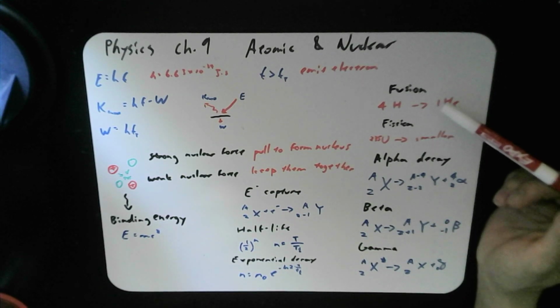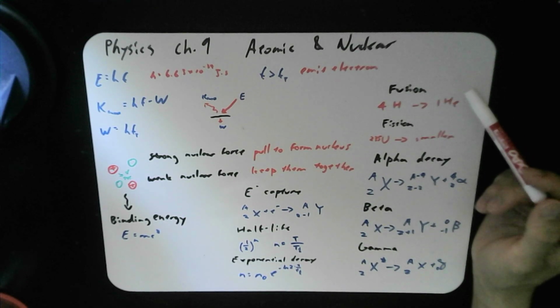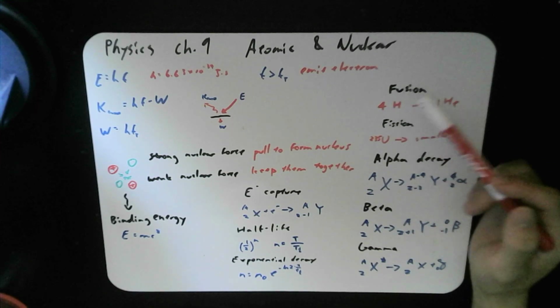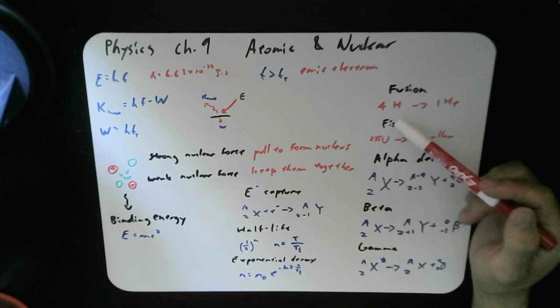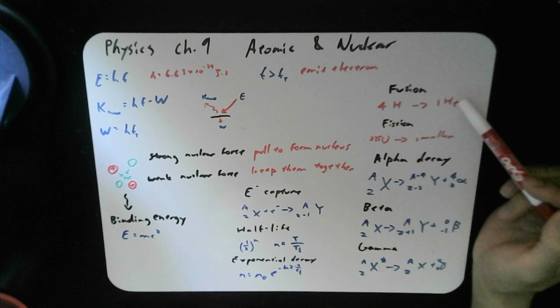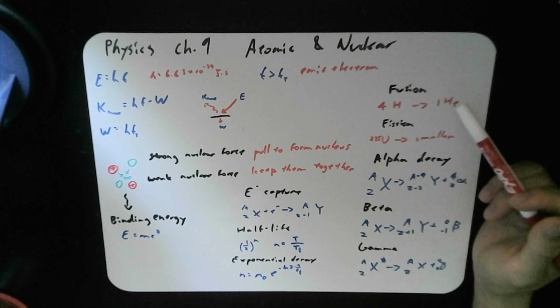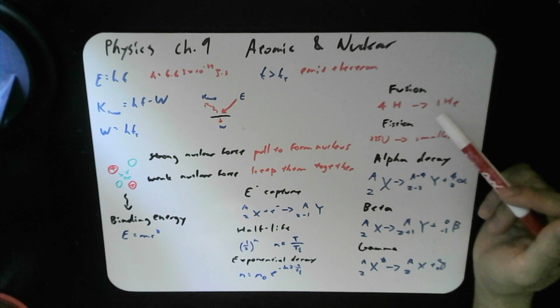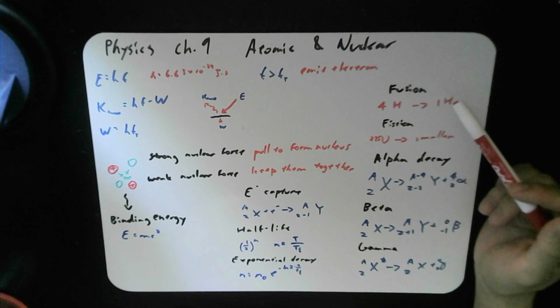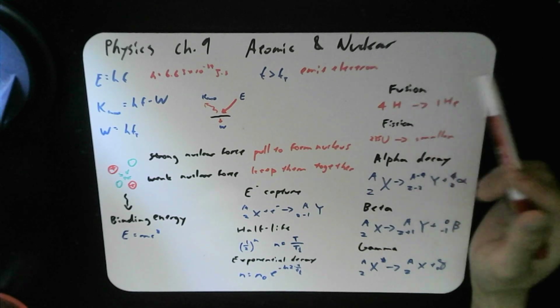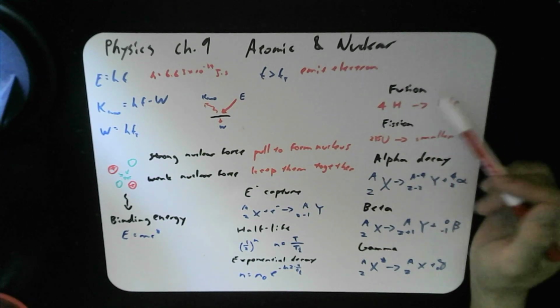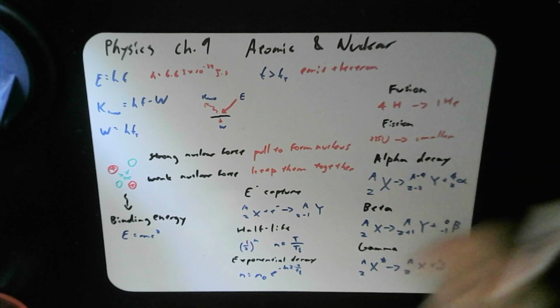Let's start with fusion. When we have fusion, we mean we have smaller atoms or smaller compounds coming together to make a bigger one. In this case, nuclear fusion happens mostly in the sun, right? They have the hydrogen atoms coming together to form helium, and that produces their own energy.